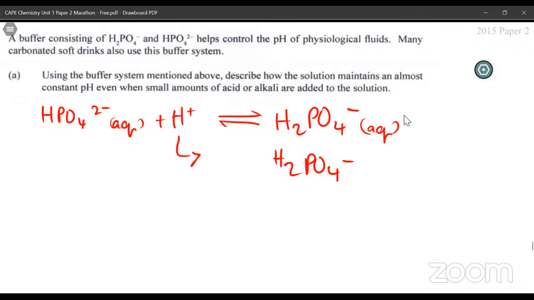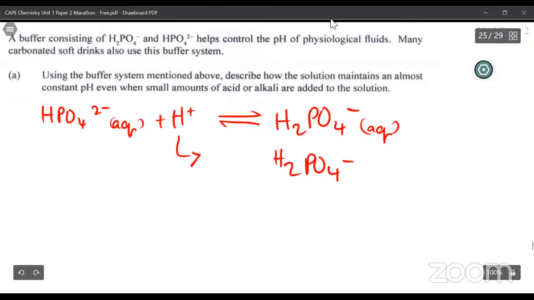By adding acid, you're adding H plus ions, so the system will try to get rid of the excess H plus ions. So it will shift to the right, and more H2PO4 minus will be produced.